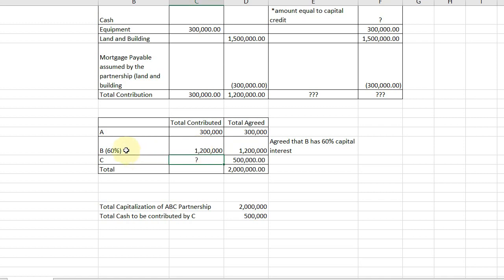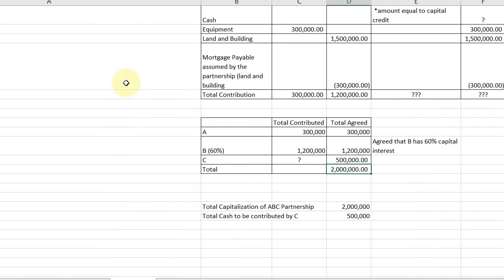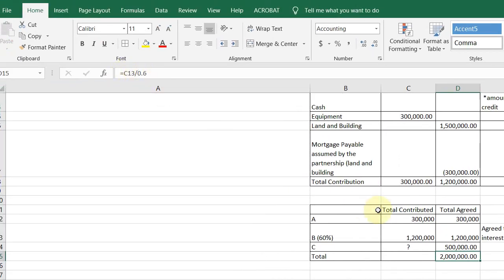Ang pinaka-complete ay si B, 60%. Kasi may bigay na siyang partnership interest. Ibig sabihin, itong 1.2 niya, this is already 60% of the total interest. So, how do you go from 60% to 100%? You go from 100% to 60% by multiplying 100 times 0.60. Diba? E di, pabalik na lang. Okay? So, ang gagawin mo is 1.2 divided by 0.6.